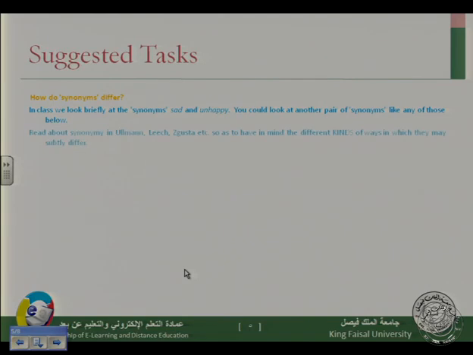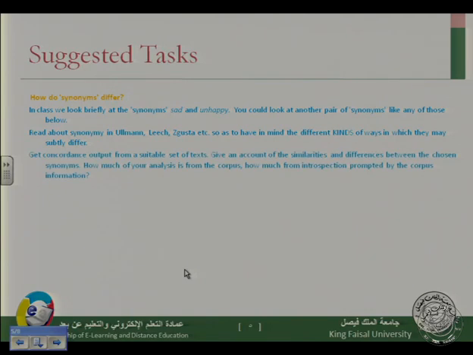So let's have some reading about synonyms in Ullmann, Leech, Zgusta, etc. These big names wrote different research and articles about synonyms, so as to have in mind the different kinds of ways in which they may subtly differ. Get concordance output from a suitable set of text corpora, and give an account of the similarities and differences between them. So this is one task that you can do.